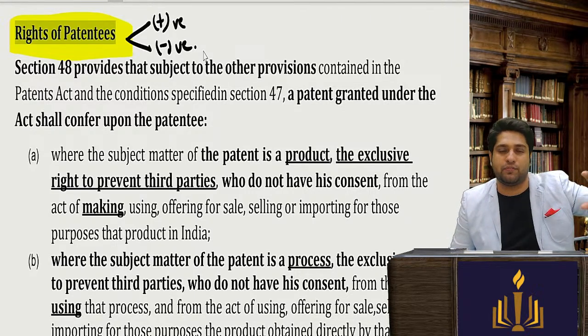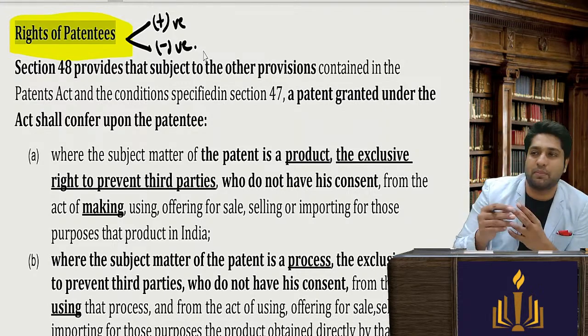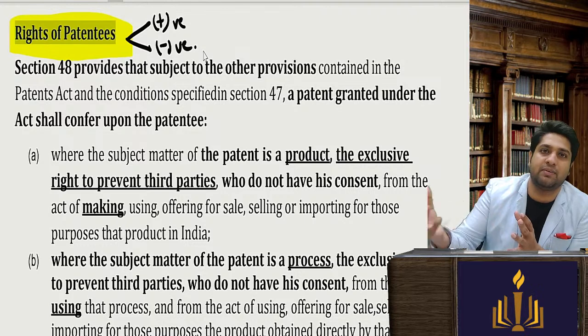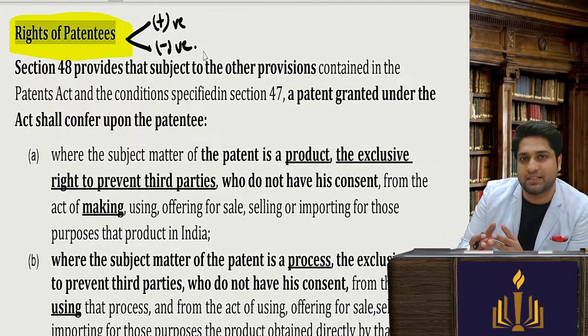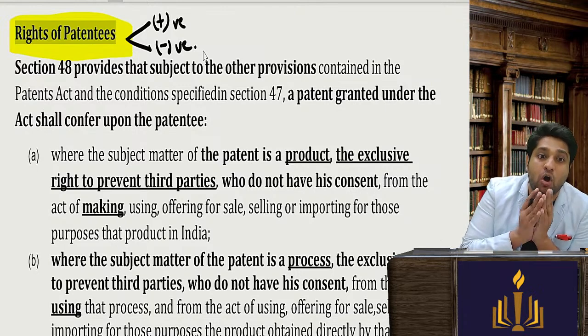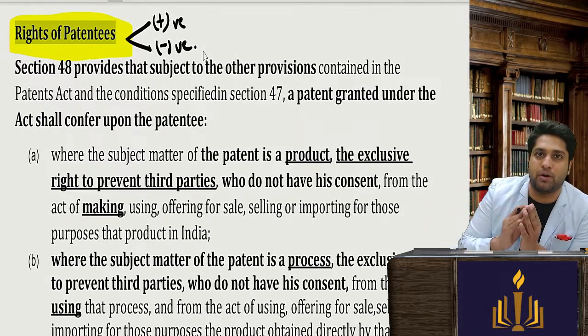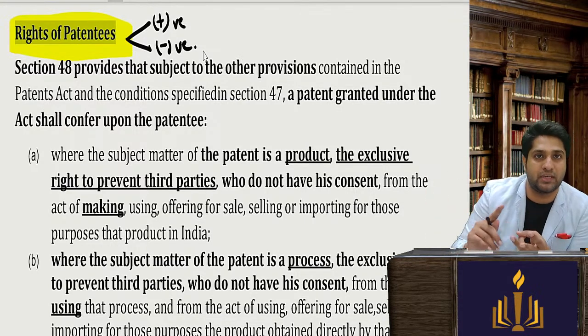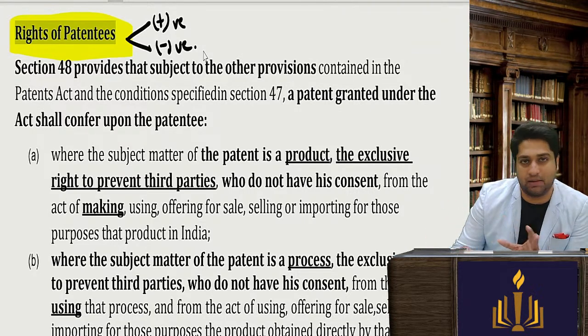Assignment can be done, or there is one more thing where you license it. So you can even give it on license for someone to use it for a product, and you might get some money. Negative right is a right to stop others from doing anything, a right to file cases, a right to stop, prevent anyone from making copies, using, doing any kind of improvements and getting it in their name. All that you will have.